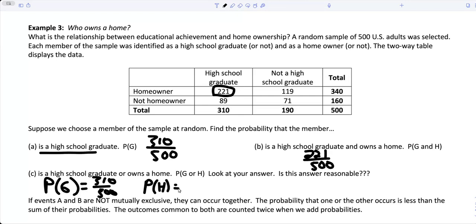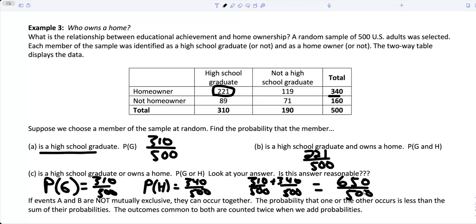Probability of H is going to be the total number of homeowners, 340 out of 500. Okay, so if I add these two things together, I've got 310 plus 340 out of 500, which gives me 650 out of 500. And is that a reasonable answer? No, it is not.